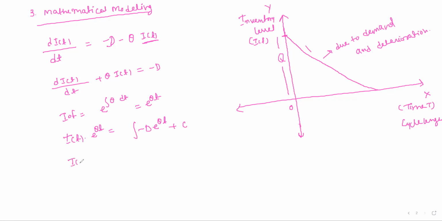So it will become I(t) e to the power theta t equals minus D e to the power theta t upon theta plus c. Okay, one more thing. This is for the interval 0 to T. Now the boundary condition is also here. So we can write the boundary condition.